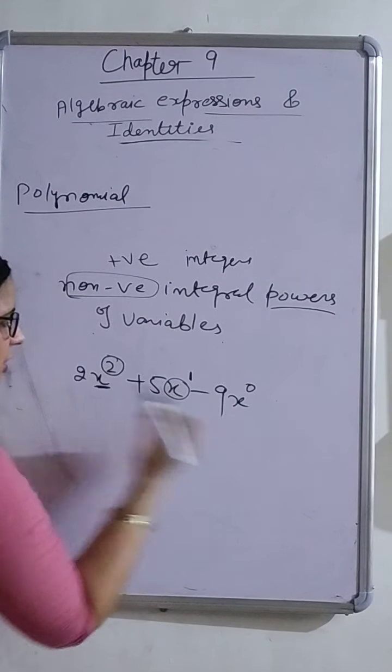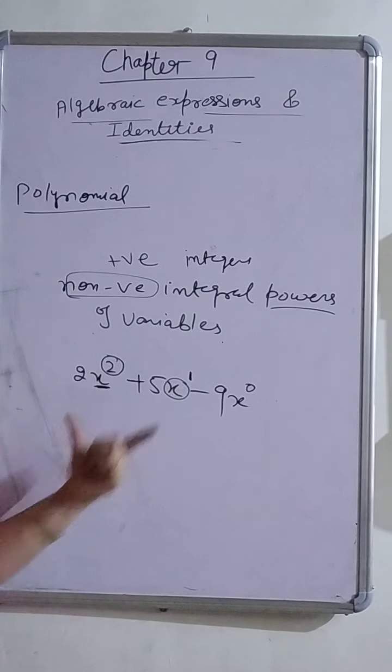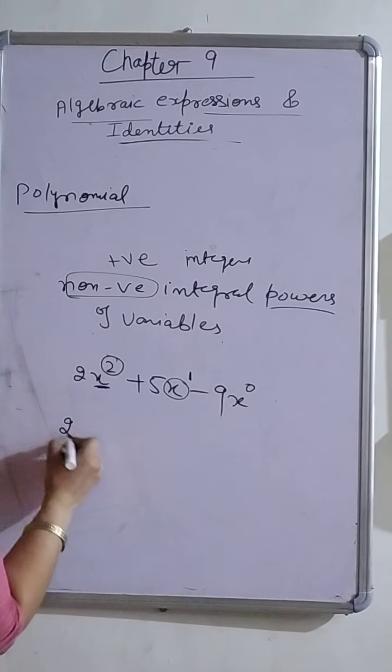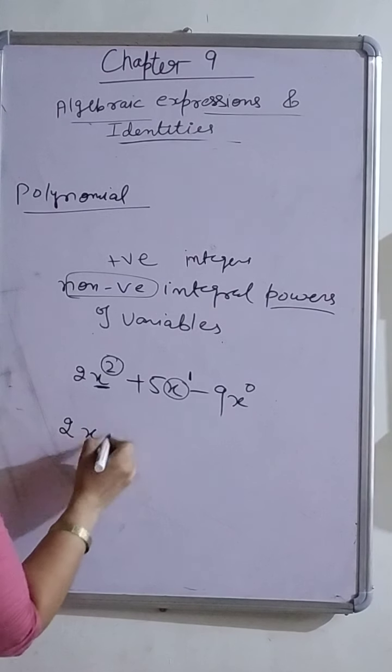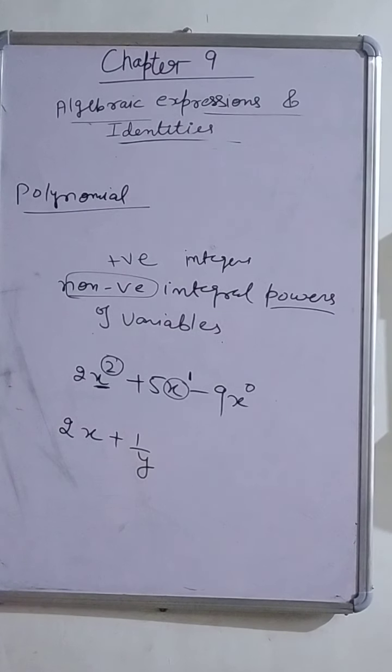So in this expression, powers of variables are positive integers. So this is a polynomial. Now see examples that are not polynomials. If I write 2x plus 1 by y, is this a polynomial?